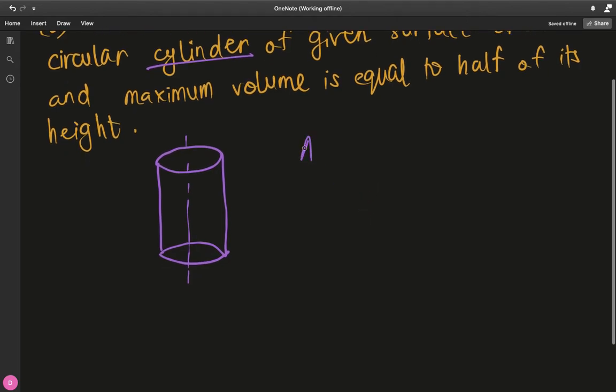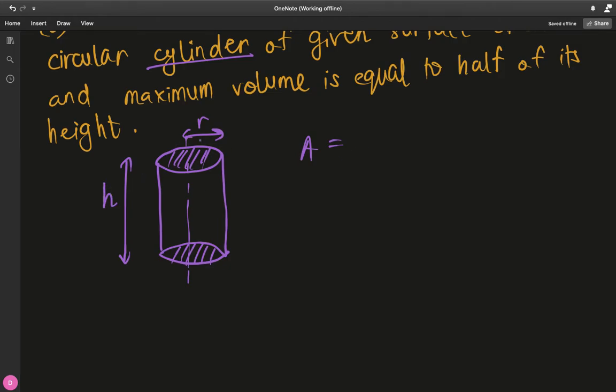So the surface area, call it A, of a cylinder is given by the surface area of both the tops. If you call the radius r and the height h, we can get things done.